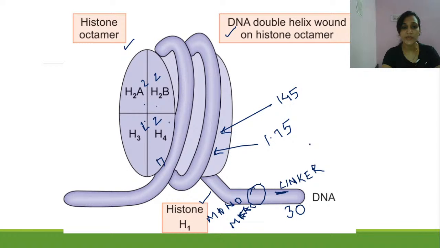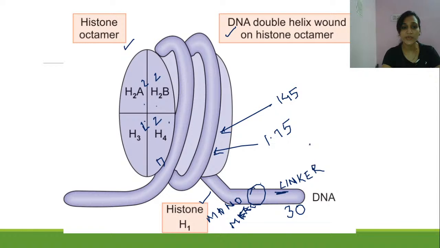Amongst these 5, they are given names. So, what are the names given to them? The core histones and linker histones. So, let us see what are core histones and what are linker histones. Core histones are responsible for forming nucleosome, the bead material that we saw.